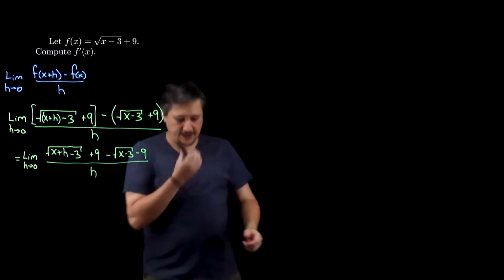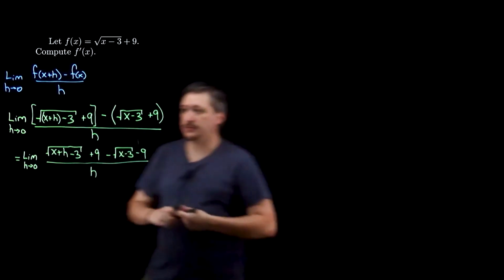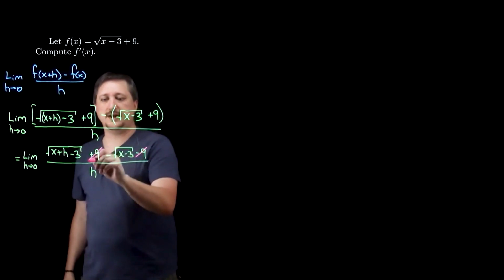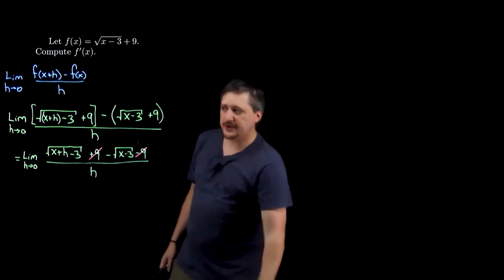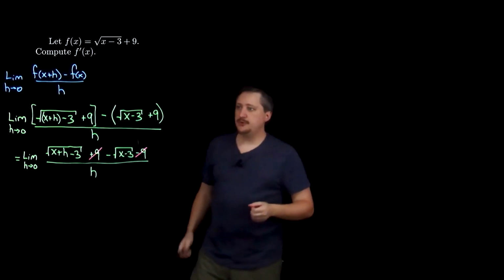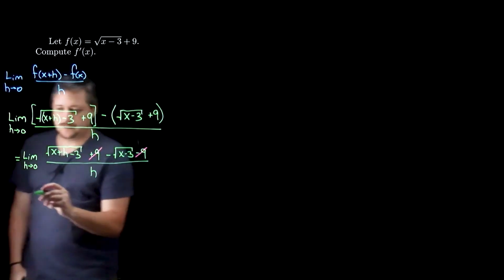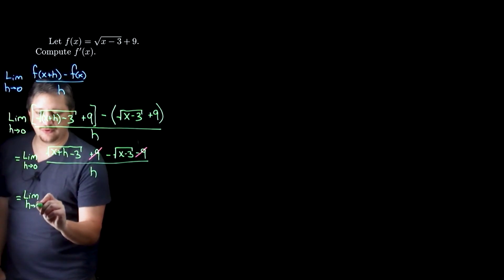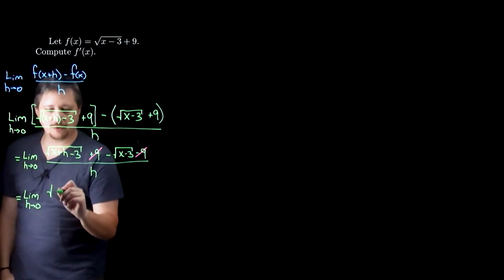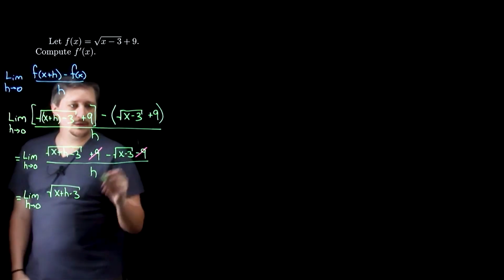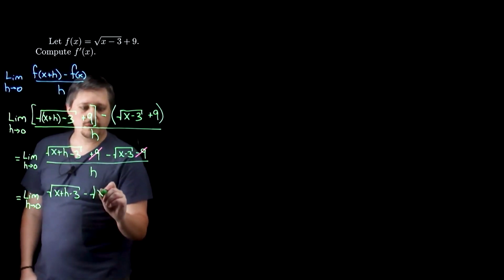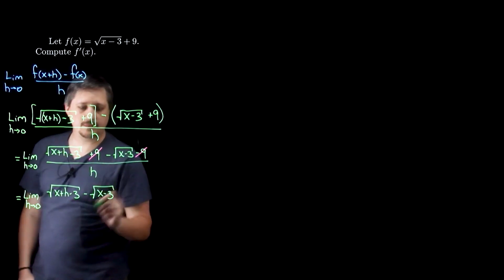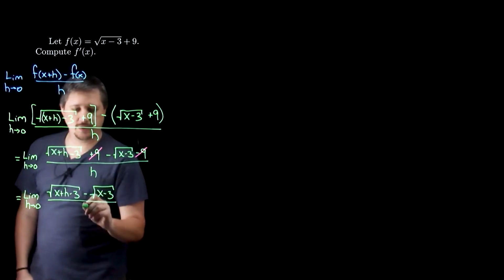And there's a little bit that I can do here. For example, I can cancel out the 9s. But that's really all I can do. So such is life. Keep going. Limit as h goes to 0, square root of x plus h minus 3 minus square root of x minus 3 all over h.